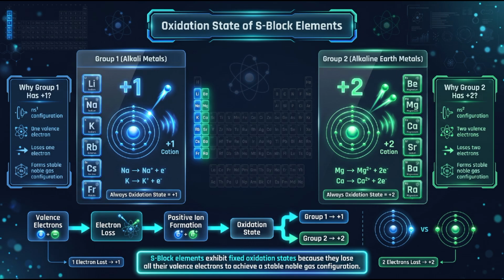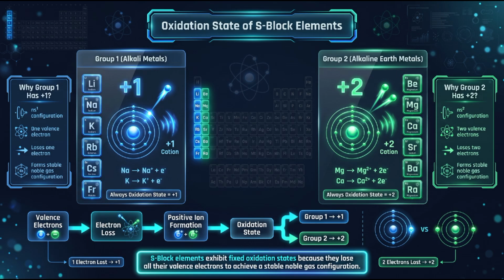The image also provides an excellent flow diagram explaining how oxidation states are formed. It begins with valence electrons. Every atom possesses one or more electrons in its outermost shell. The next step is electron loss during a chemical reaction. S-block elements lose these outermost electrons. The next step is positive ion formation.